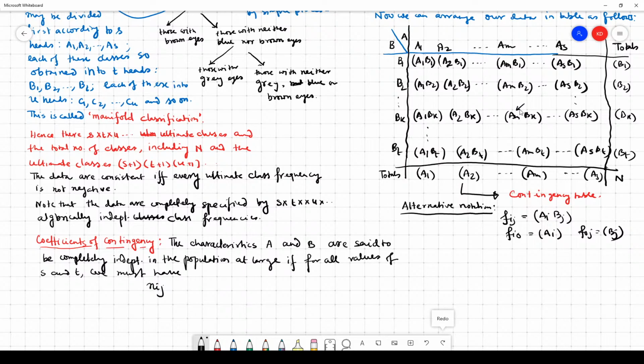So this means in K. So Nij, this is Ni naught, and this means in not K, and this is in naught J. So Nij into N naught J divided by the total frequency for all ij.